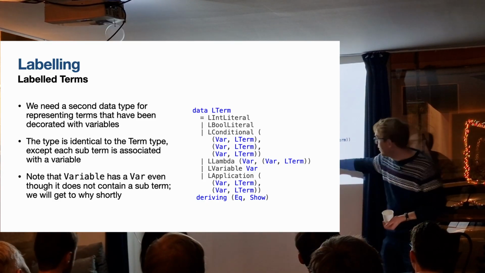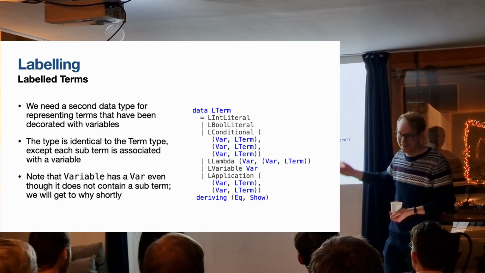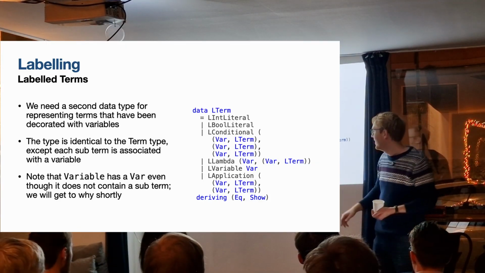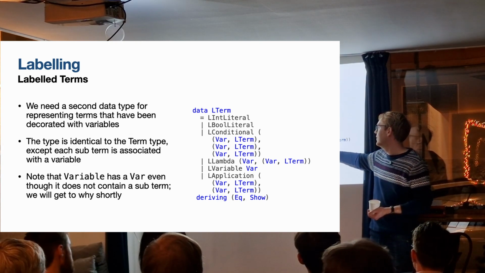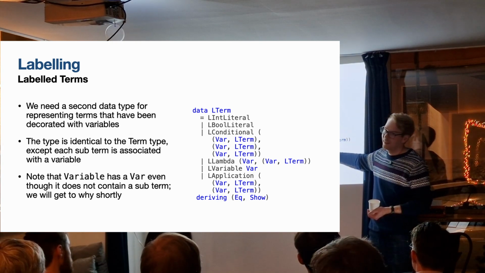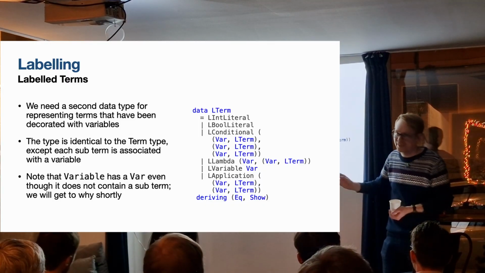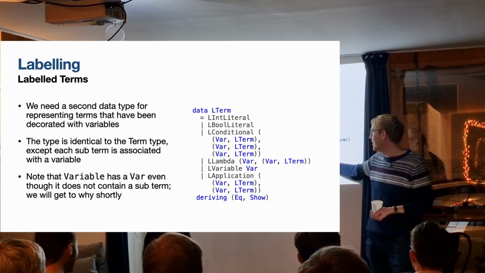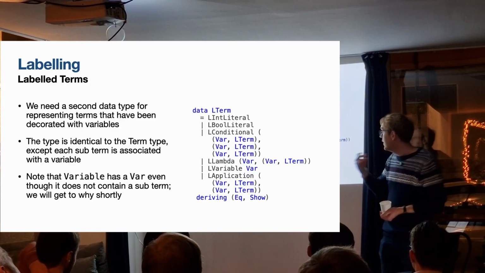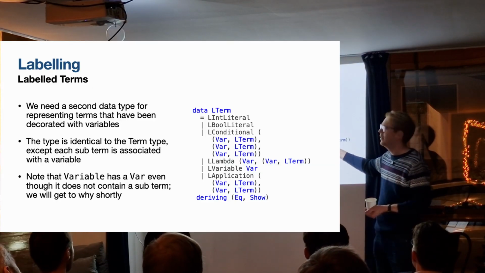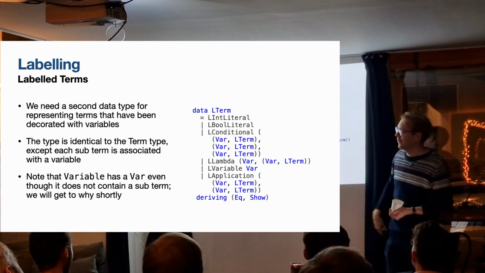And then variables themselves, now we sort of get into a meta thing. Each variable is also associated with a variable. And we will use a kind of trick later on, so keep this in mind, because this one is a bit special. As I wrote there, a variable doesn't have a subterm, so why did variable get its own variable?